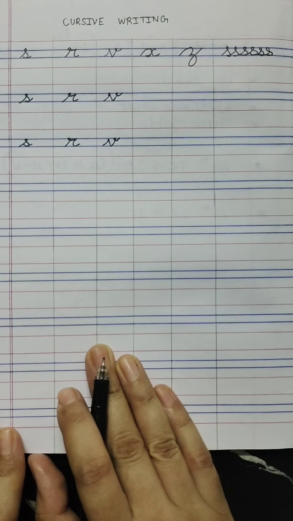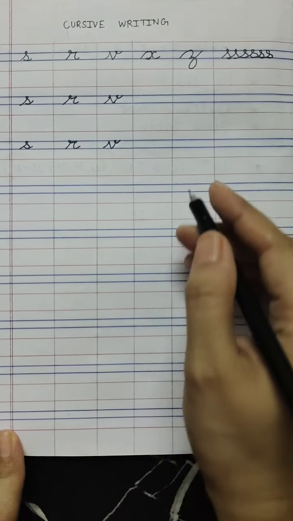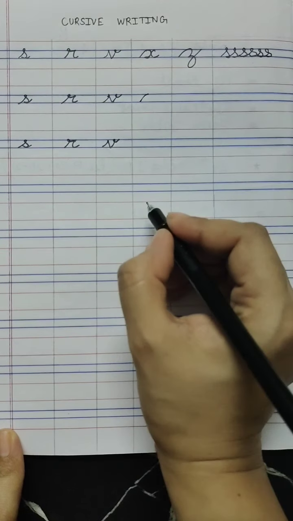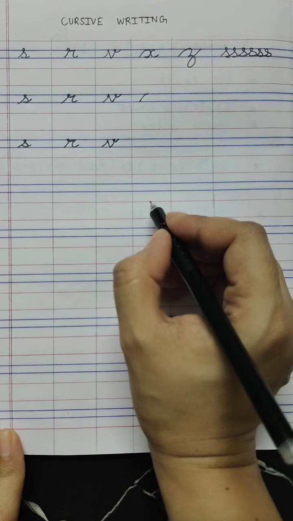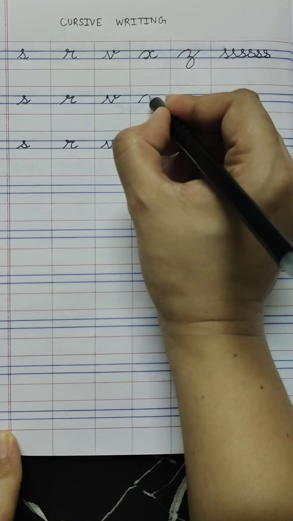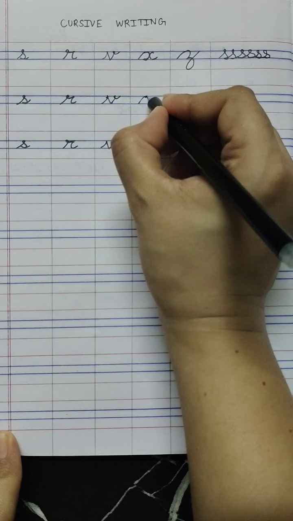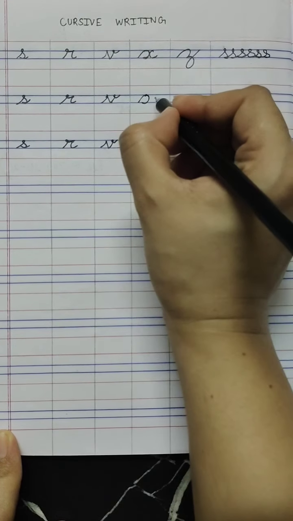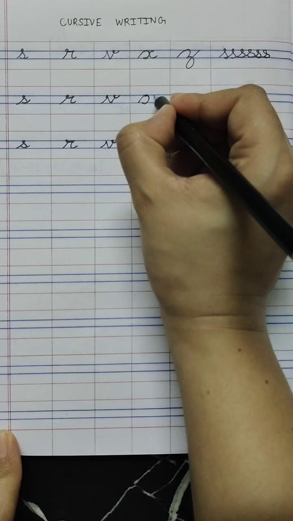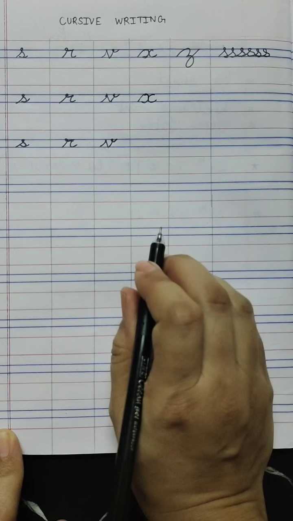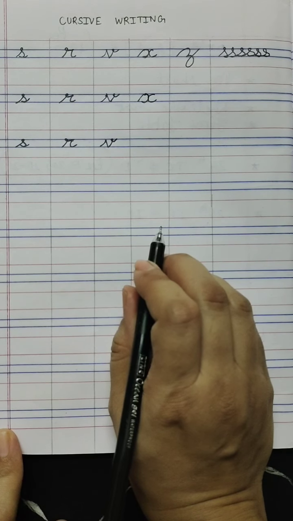This is just to understand how to make the letter X. Now children, we are making a small basic curve like we do for the alphabet C. But instead of taking the curve back, we are making a curve from the second line to the third line like this. And then we will make one more curve in the opposite direction. So this is the letter X.